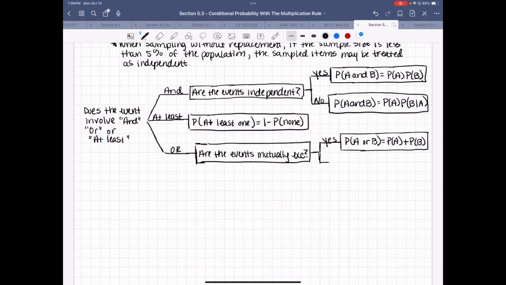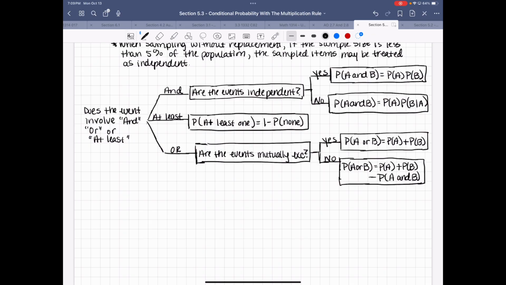And if we say no, they're not mutually exclusive, then the probability of A or B is going to equal the probability of A plus the probability of B minus the probability of A and B. Okay.